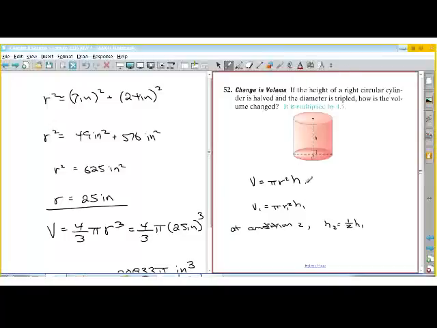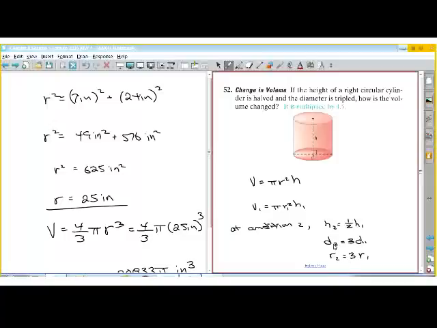The height is halved. It says that the diameter is tripled, so you take the original diameter and multiply it by 3. Now in the formula we have radius, so to see the ratio of the radii, we divide both sides by 2, and it turns out to be the same factor.